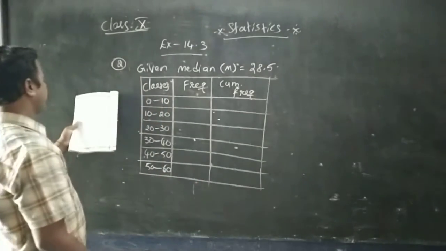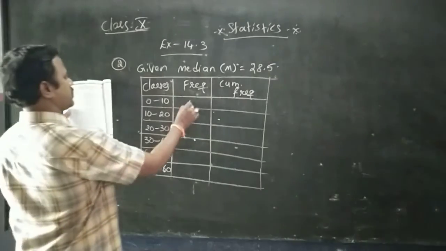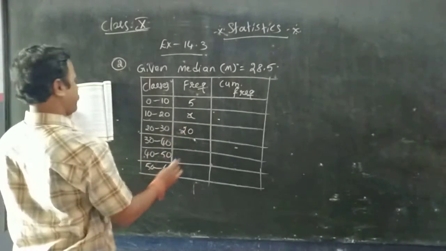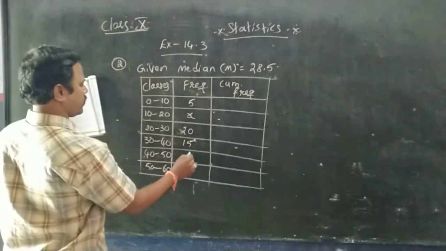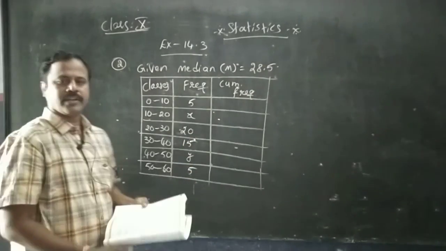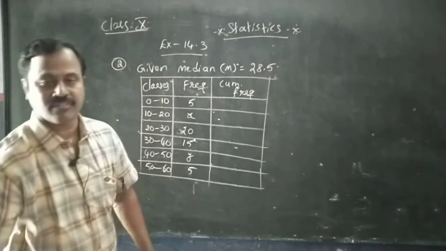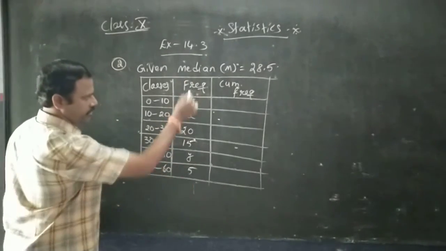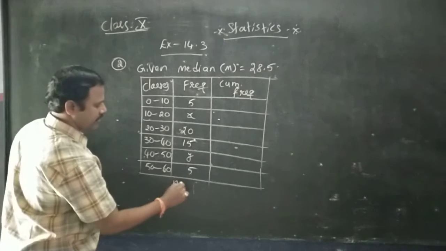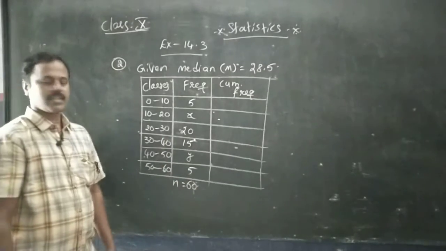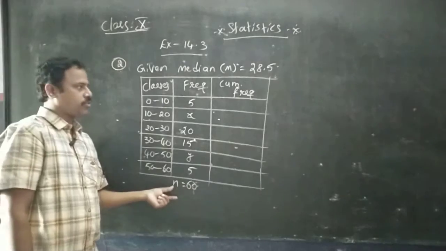Now here the frequencies are given as 5, x, 20, 15, y and 5. It is also given that there are 60 observations, which is the total observations n, the sum of the frequencies, 60.